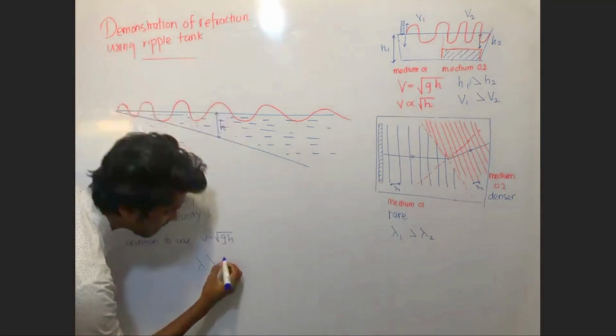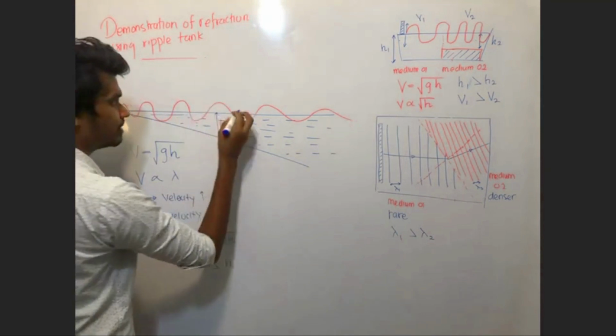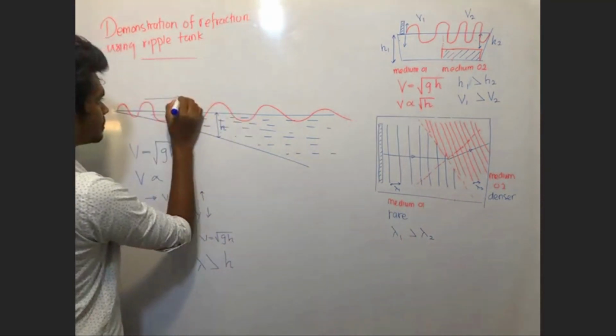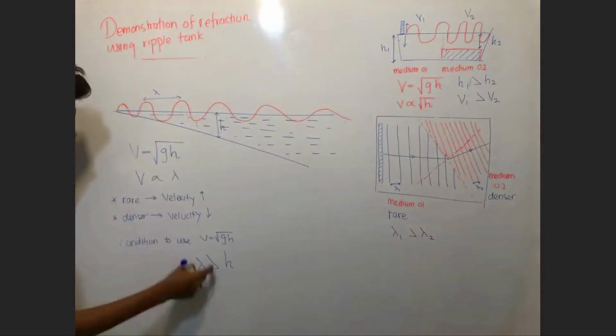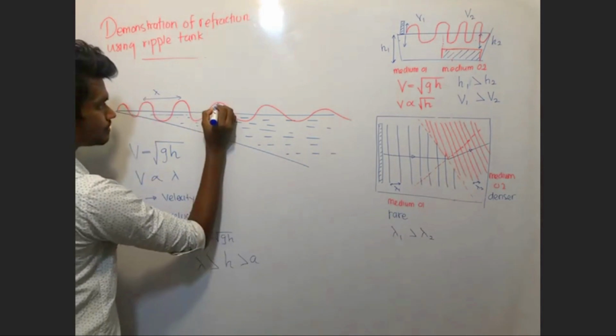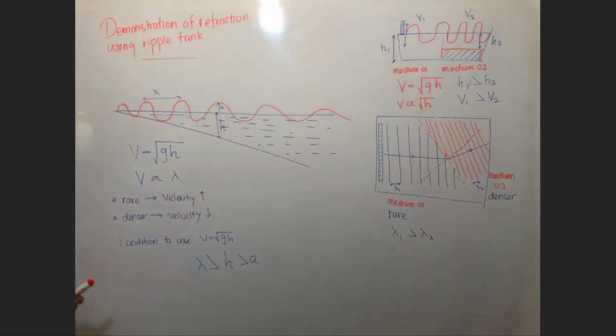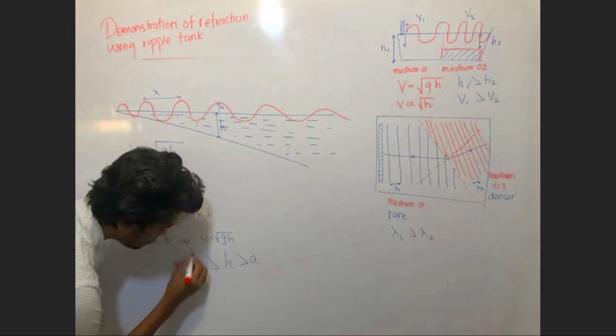This height should be less than this lambda value and should be greater than the amplitude, right? This is the condition.